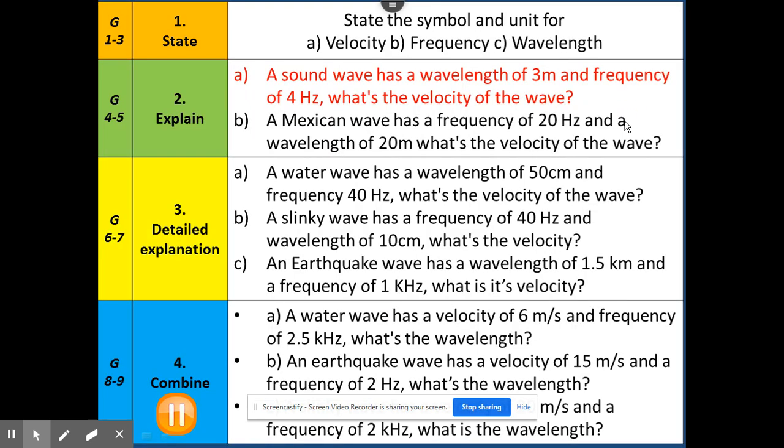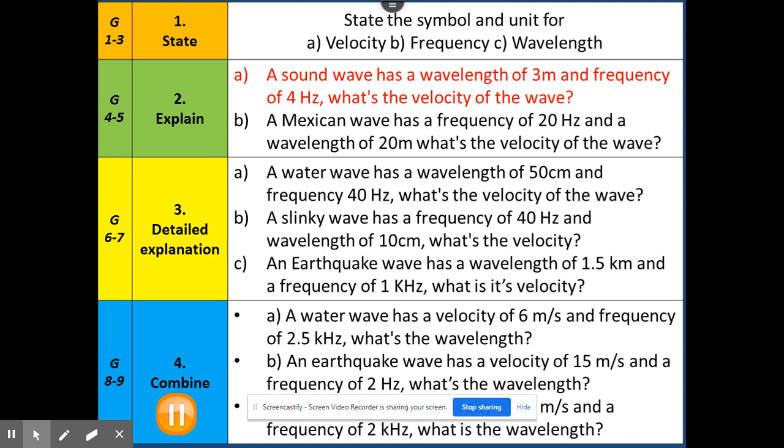Okay, so time to have a go at using these ideas. For describe, you need to write down the symbol and the unit for each of those 3 quantities that we've been talking about. For explain, you need to use the wave equation to calculate velocity.